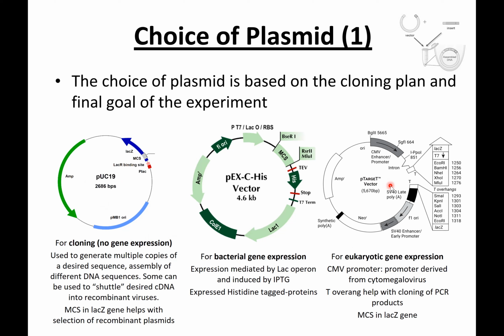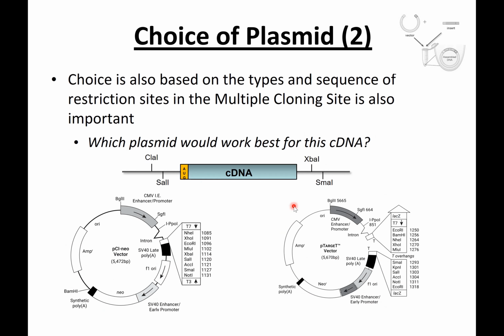But the second thing that is important to take into account is that now you have chosen, okay, I want to express a cDNA like this one right here in eukaryotic cells. So you get a plasmid that has a promoter that expresses the protein in the eukaryotic cell, like this one right here with the CMV promoter. These are different plasmids, the pCI-neo vector and the pTarget vector here.